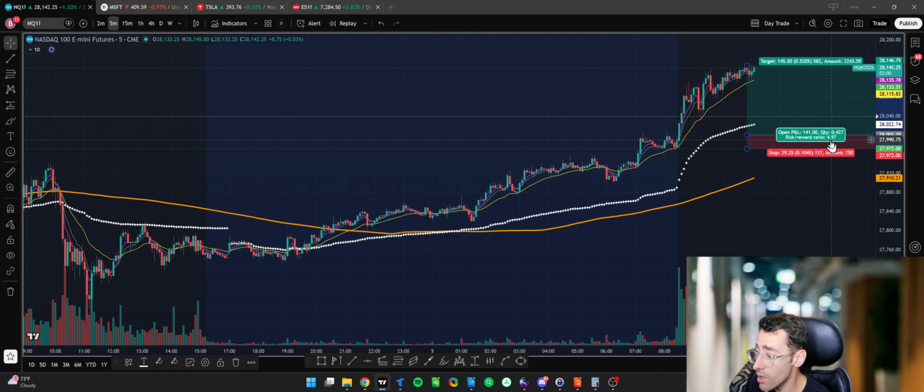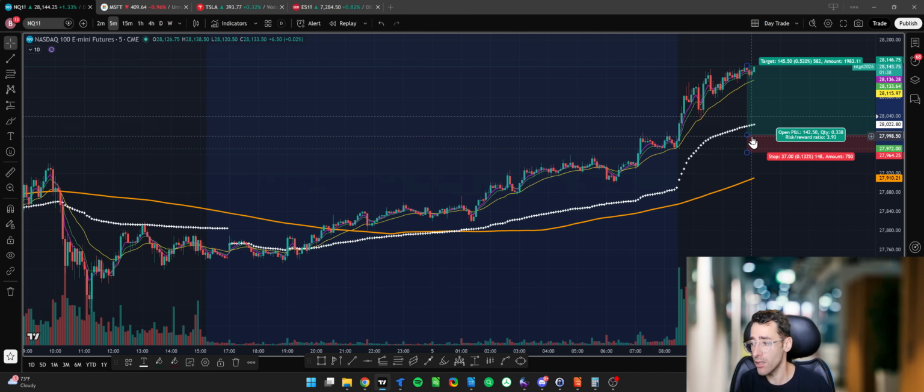Is this good risk to reward? Absolutely. 28,000 is a very strong level. We would stop out a little bit below structure, just so you don't get wicked out here, and target high of day there. That's how you measure the risk of a trade.